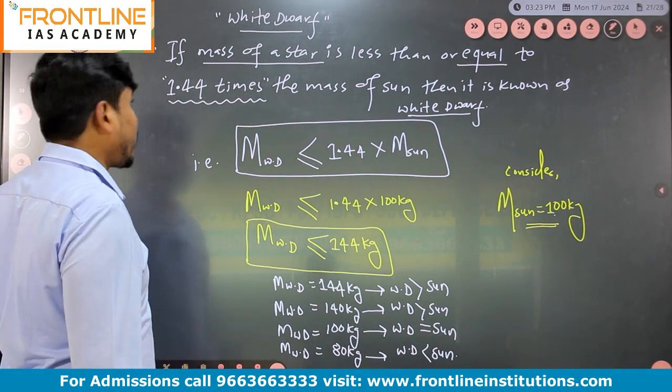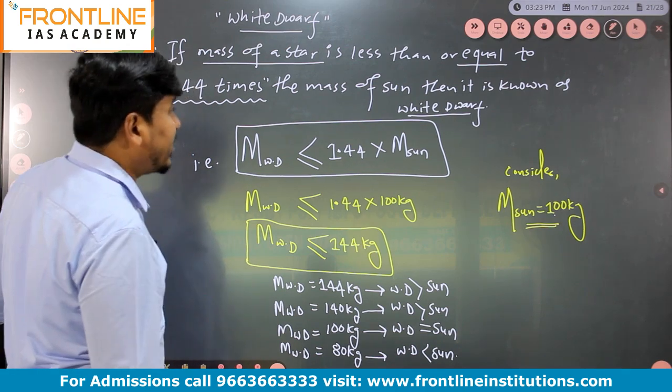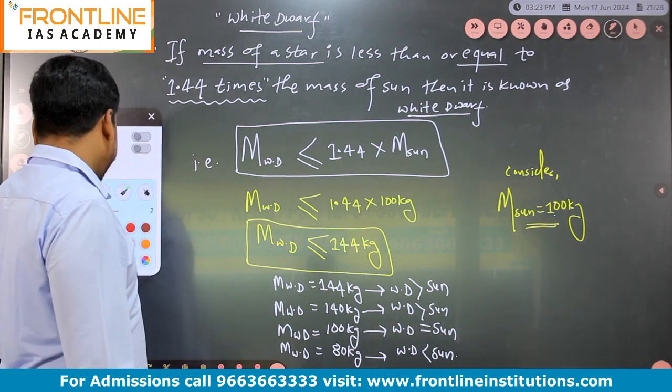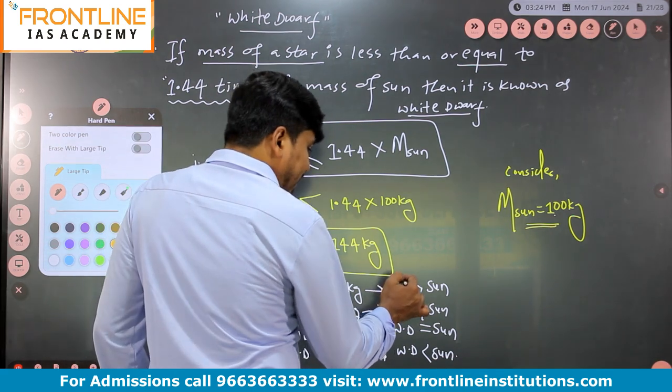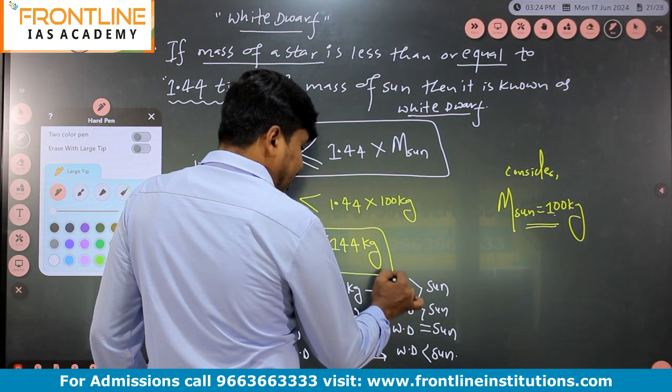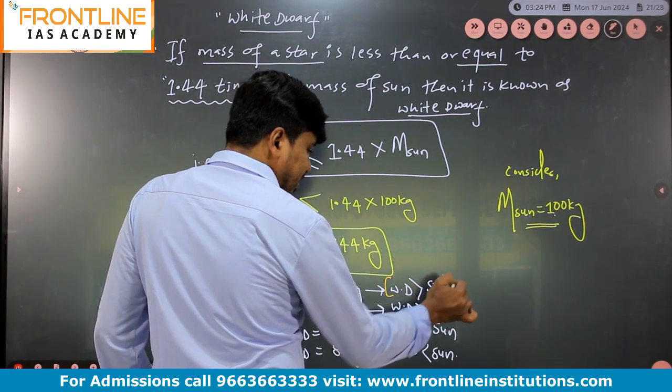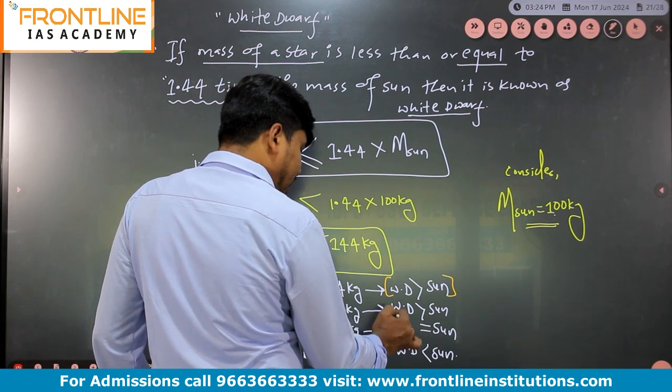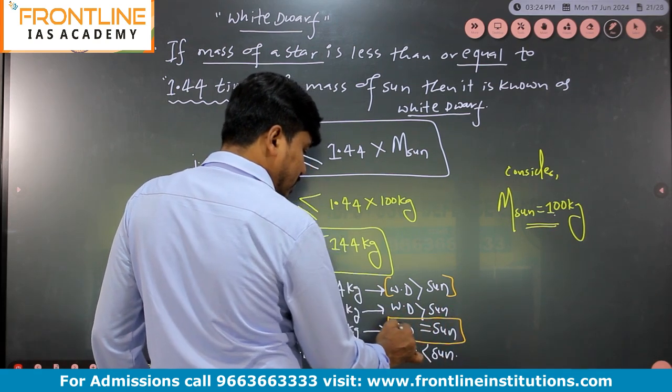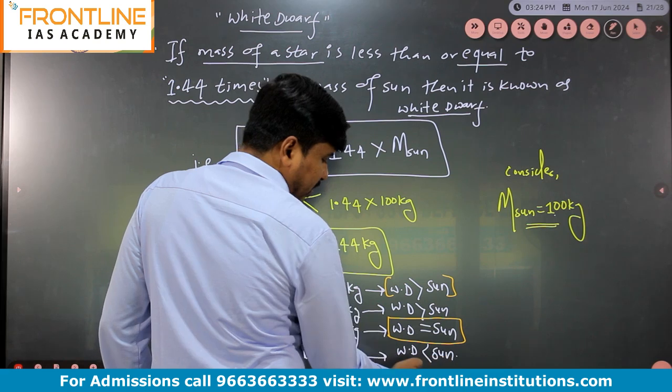Listen carefully, it's a very important and interesting point: a white dwarf can be greater than the sun, equal to the sun, or smaller than the sun.